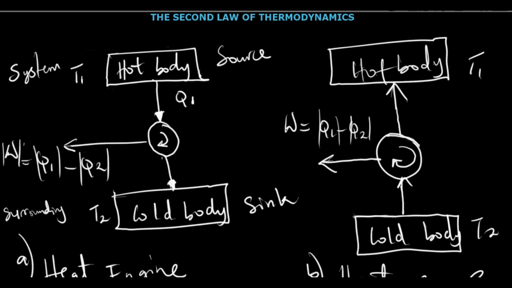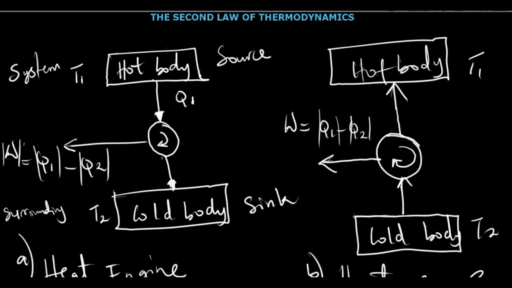Having said that, we go back to the diagram on the screen. Now, for a heat engine, what is a heat engine? A heat engine is a system which operates continuously and across whose boundary flows only heat and work, nothing else.